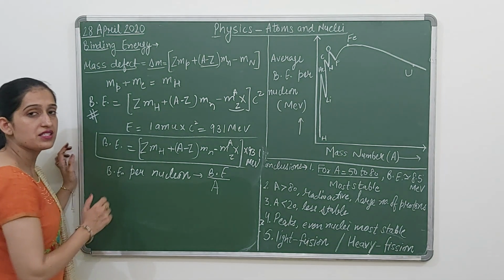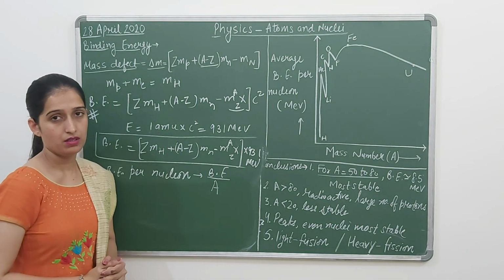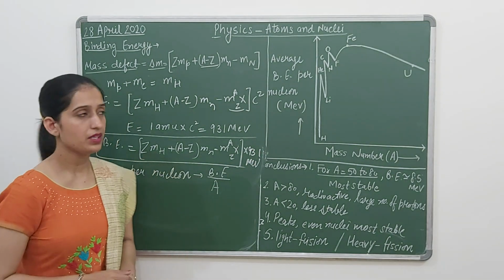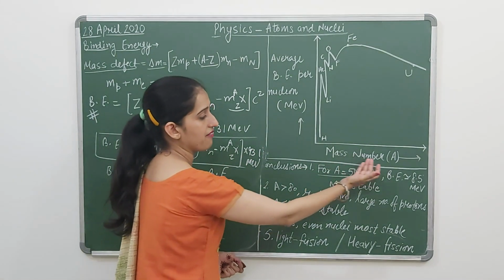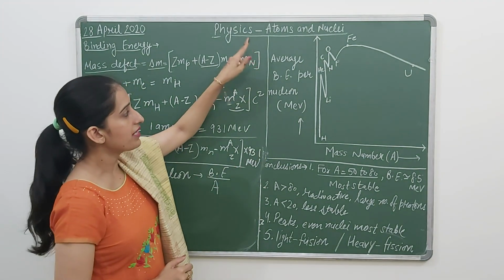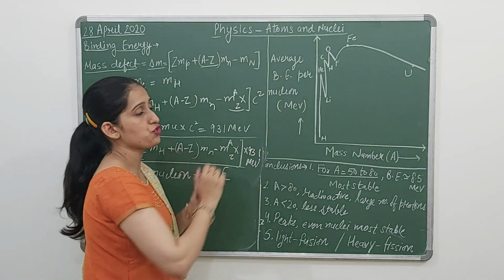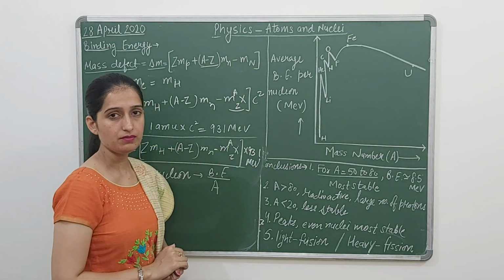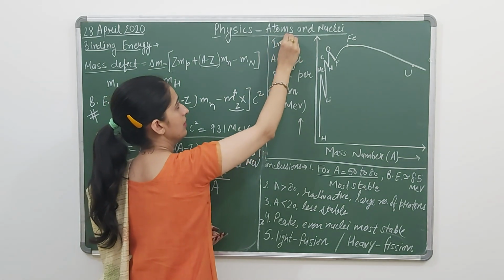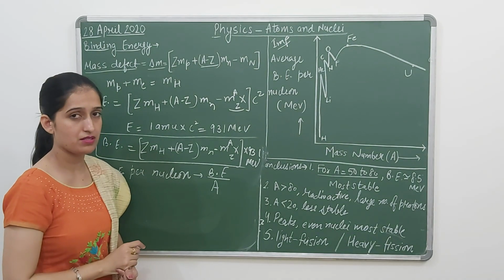This will give us a general review about all the atoms. Now we have a graph here. On the x-axis we have mass number, and on the y-axis we have average binding energy per nucleon in mega electron volt. This is a very important topic from the point of view of board examinations.